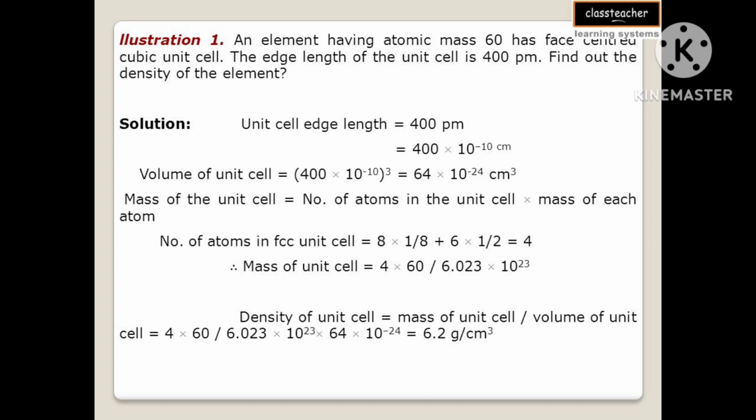Today I am going to discuss some numericals based on calculation involving unit cell dimension. Last class I told you that I will give you a few examples of calculation involving unit cell dimension.